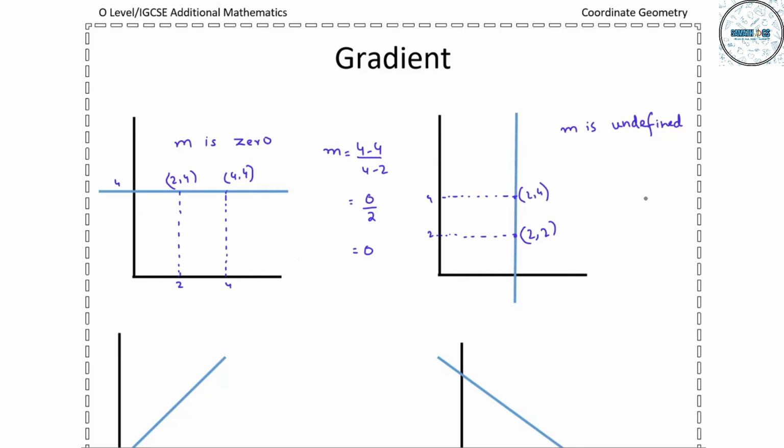When we take out the gradient, y2 minus y1 is 2 minus 4, x2 minus x1 is 2 minus 2, so it is minus 2 upon 0. And whenever there is 0 in the denominator, we say it is undefined. So the gradient of a horizontal line is 0 and the gradient of a vertical line is undefined.